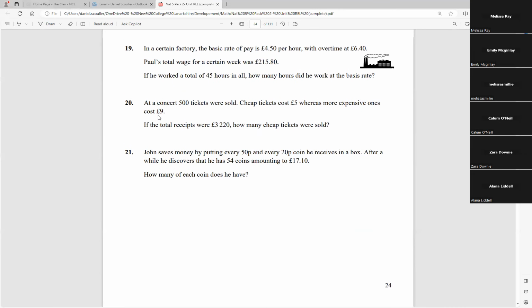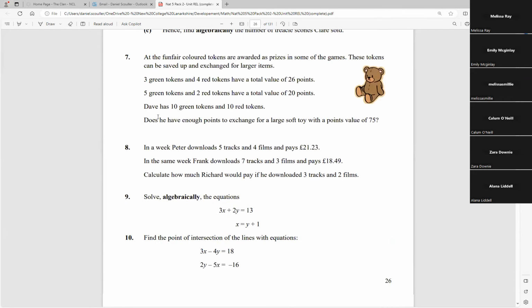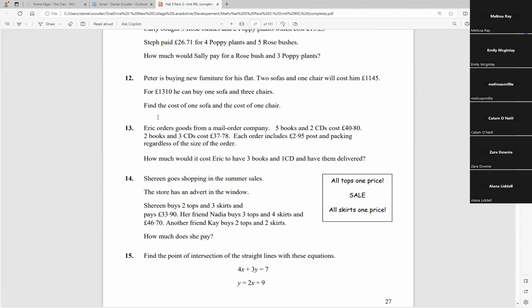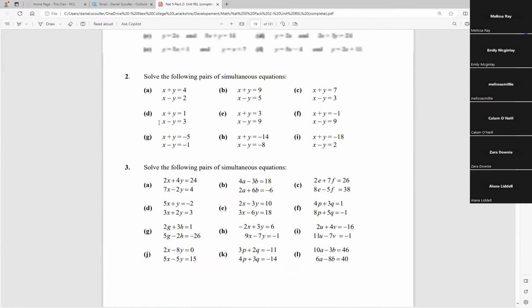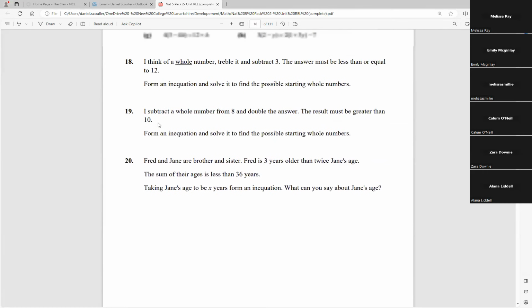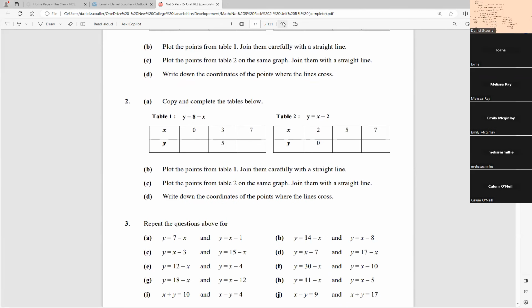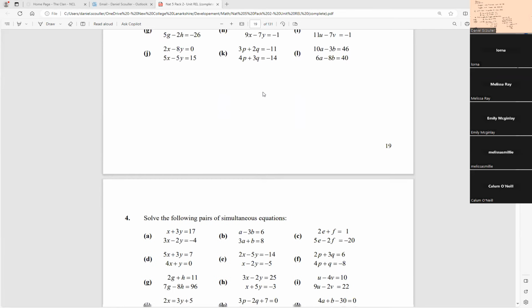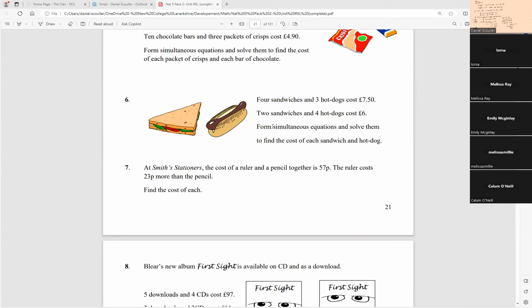There's quite a few of them to practice, right up to page 27. Simultaneous equations, pages 17 to 27, but especially the story ones, try the story ones. Have a wee bash at them.